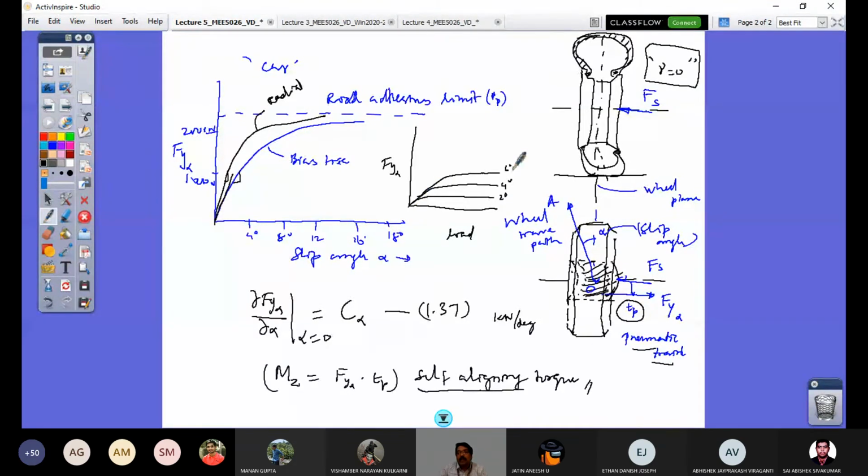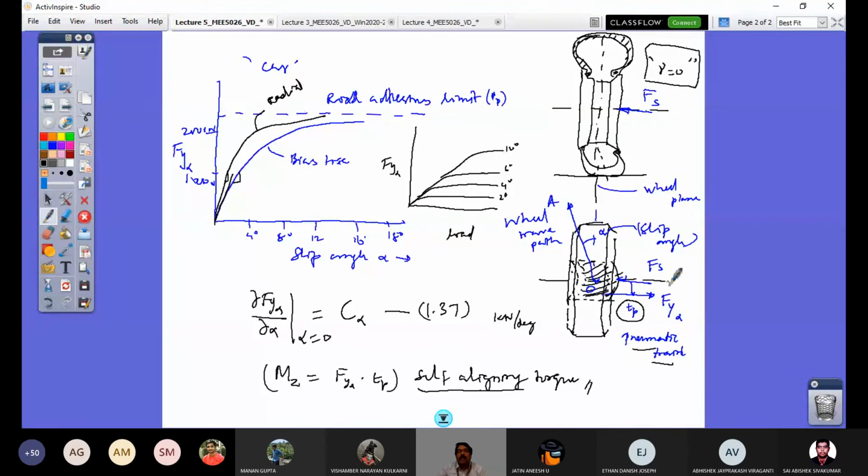Say 10 degrees. So for the given slip angle, Fy alpha increases as the load increases for the given inflation pressure. Why is it happening? If the load increases and the inflation pressure is not changing, your contact patch increases. The length of the contact patch increases. As the length of the contact patch increases, your resultant Fy alpha generated to balance this side force would increase, and that would also increase the pneumatic trail.